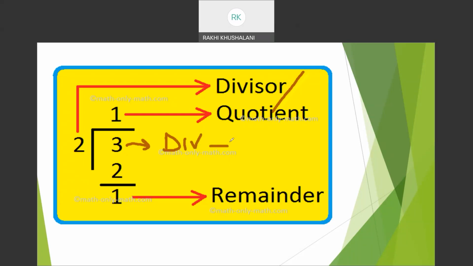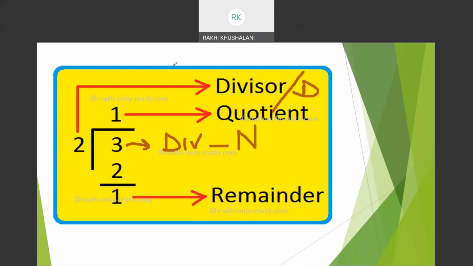This is also called the numerator. I am just writing this. The divisor is the denominator. So the divisor is the denominator. Quotient we got after dividing. 3 is the dividend and the numerator, and the remainder I got is 1.